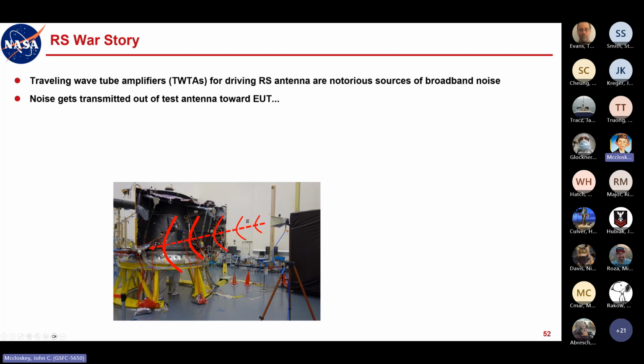Now, generally, when you're applying your desired signal, that's significantly higher level than the broadband noise, so it's generally not a big concern.